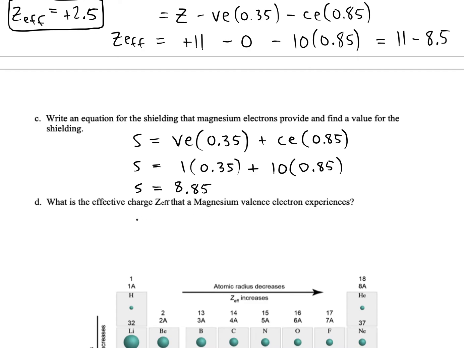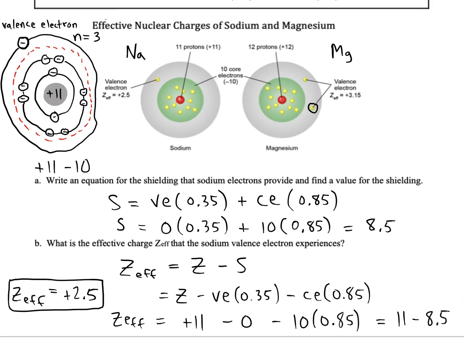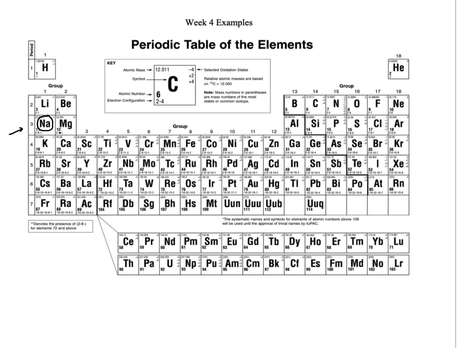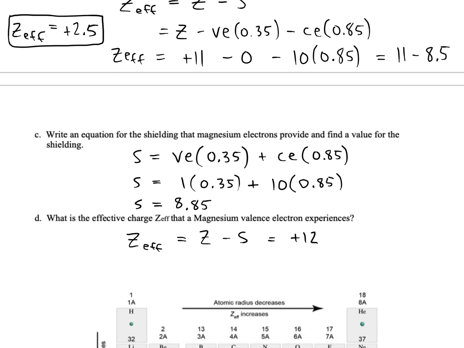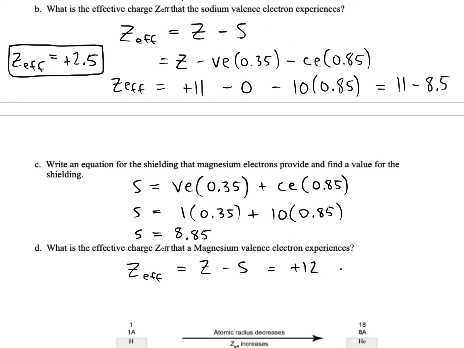So to get the effective charge, we'll do Z minus S. Magnesium actually has 12 protons in its nucleus. We can see that here in the atomic number for magnesium, 12 protons. And then we'll subtract our 1 times 0.35, and subtract 10 times 0.85.